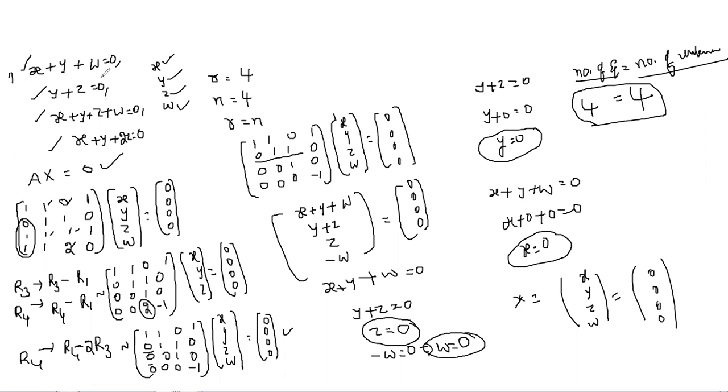Number of equations is 4 and number of unknowns is also 4, so both are equal, so we'll get a trivial solution just by this idea. When you go for a competitive exam, if they ask which solution you will get, trivial or non-trivial, without solving you can write that it is having a trivial solution or zero solution.